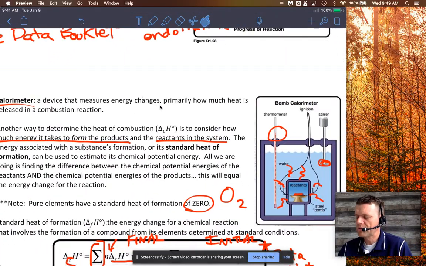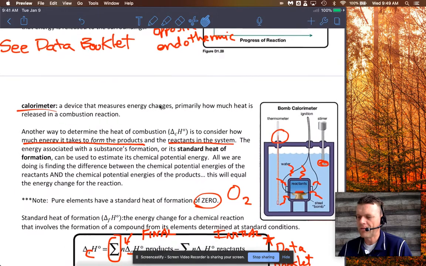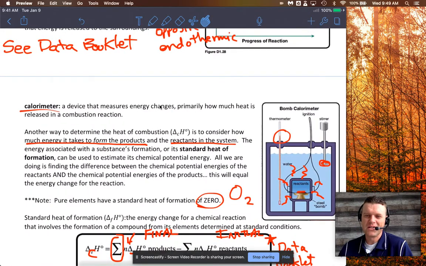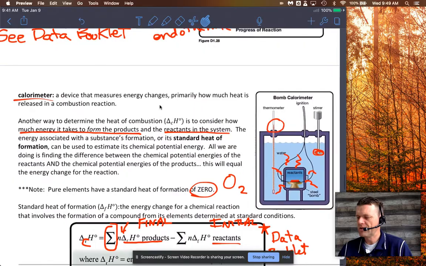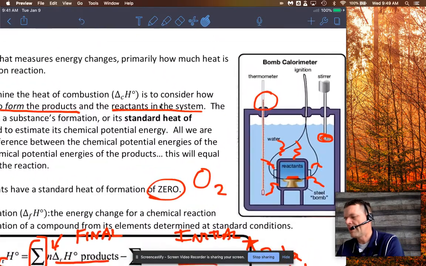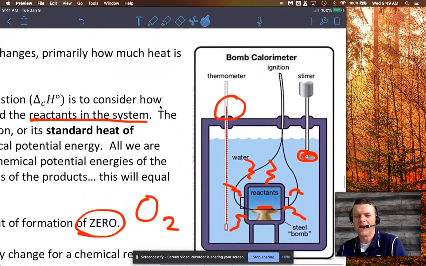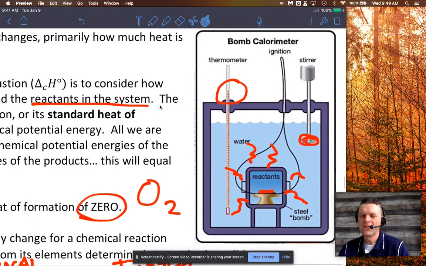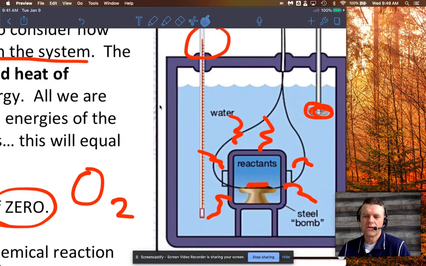Oh, yes, what's worth mentioning here is a calorimeter. A calorimeter is just a device that we use to measure this energy, how much heat is released when you burn something. The best way to do it is submerge it in water, and this is called a bomb calorimeter, which is kind of a cool name. But inside this little steel bomb here, you put the reactants, okay?